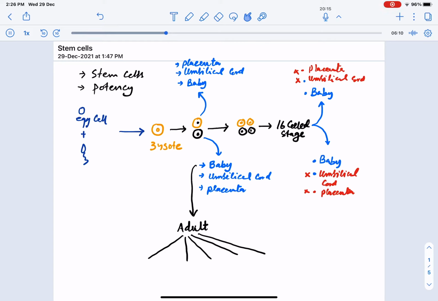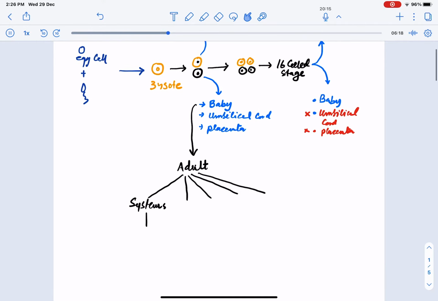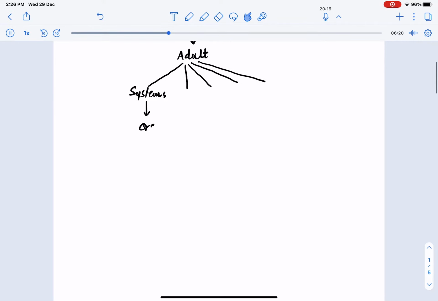An adult has different systems, then organs, tissues, and cells.